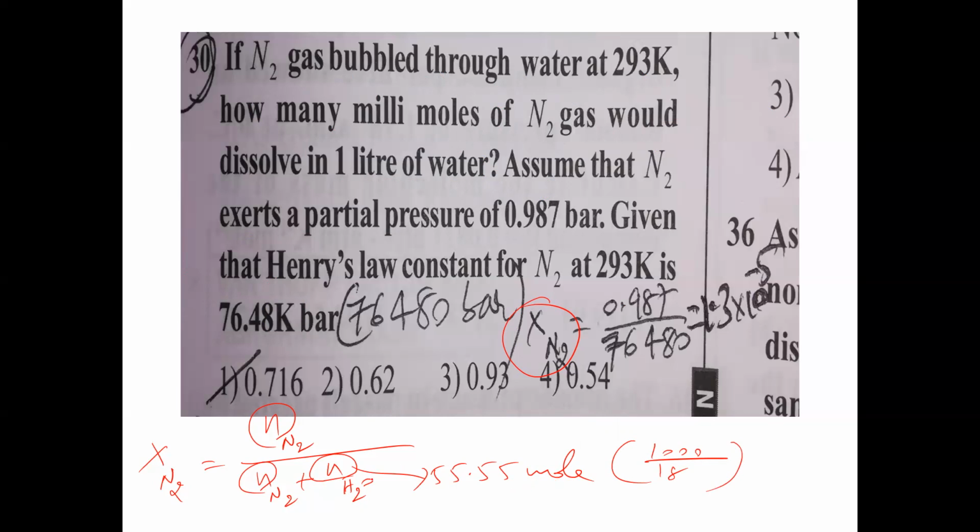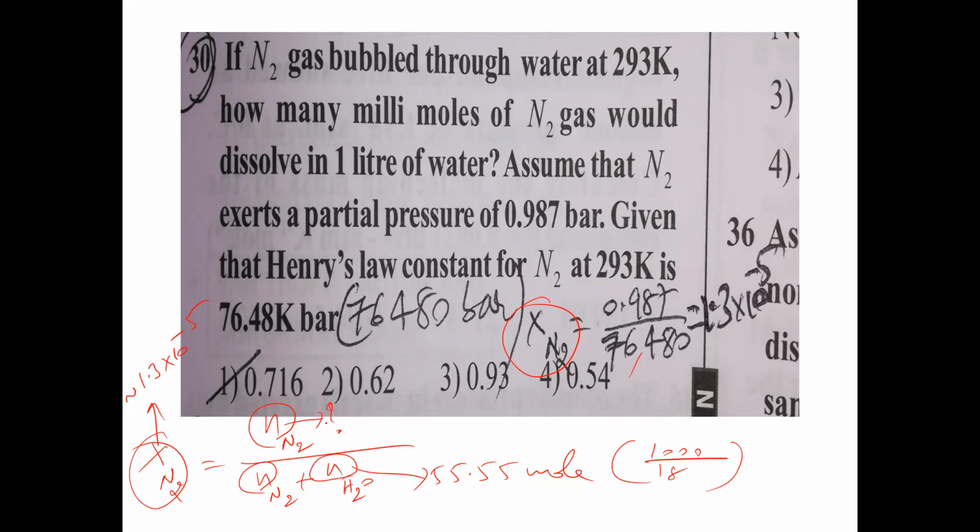Now X of N2 we got from the above equation: 0.987 by 76,480, approximately 1.3 into 10 power minus 5, the mole fraction. Now we have to get the number of moles of nitrogen. This one we have to calculate.